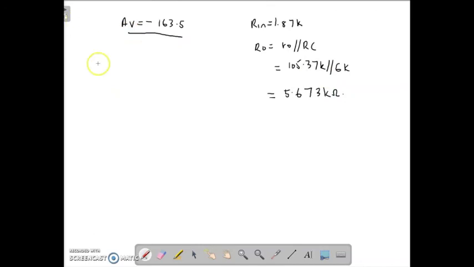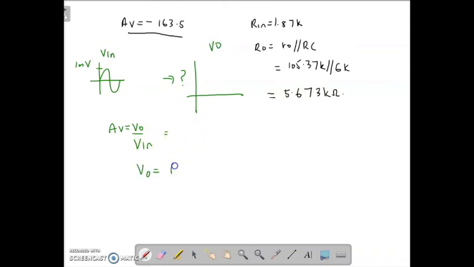So what does minus 163 mean? Let's say you apply at the input here 1 millivolt. Wow, what will be the output shape? So AV is equal V out over V in. Here is your V in, here is your V out. So how you calculate V out is AV multiplied by V in. Let's say your gain here is minus 163.5, then you multiply by 1 millivolt.